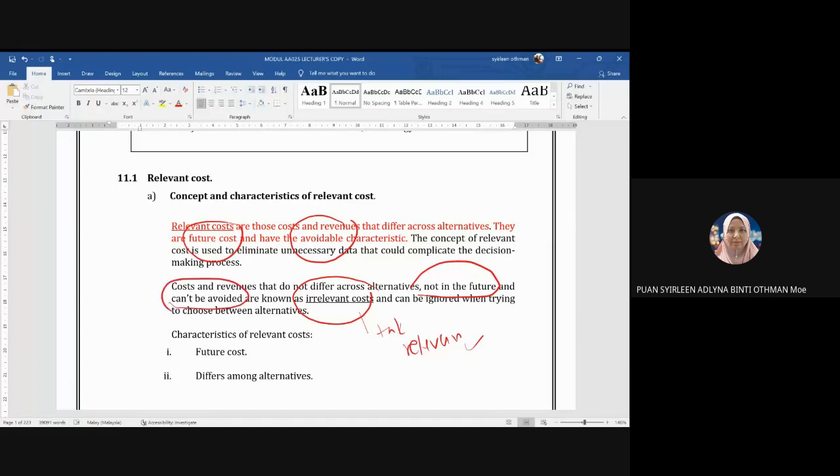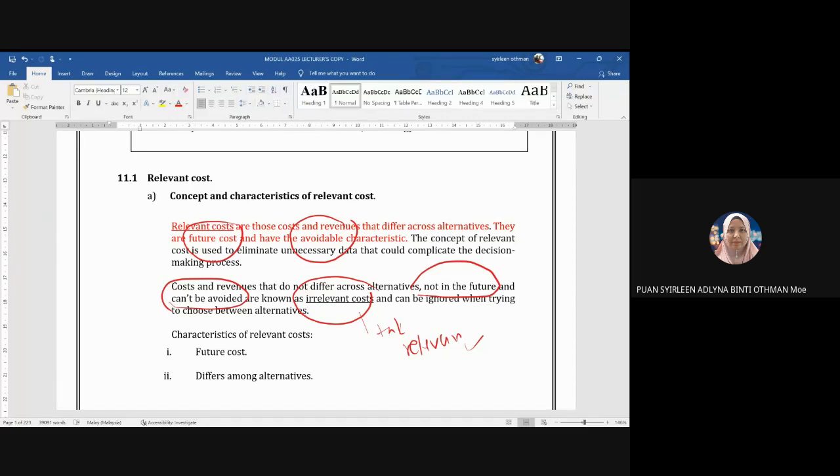Can't be avoided maksudnya tak boleh elak. Okay, so contoh macam Madam cakap tadi is fixed cost, right? Okay, so fixed cost is something that you can't avoid. Kalau you tutup kilang pun you kena tanggung. Kalau you buat pun you kena tanggung. Kalau you beli pun you kena tanggung. Sebab it has nothing to do with the production.